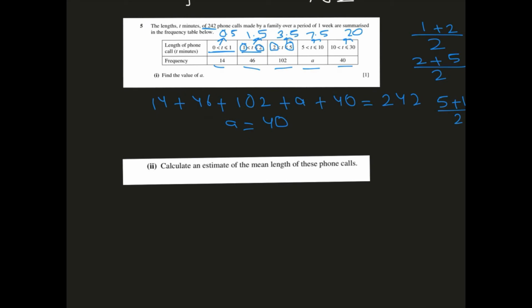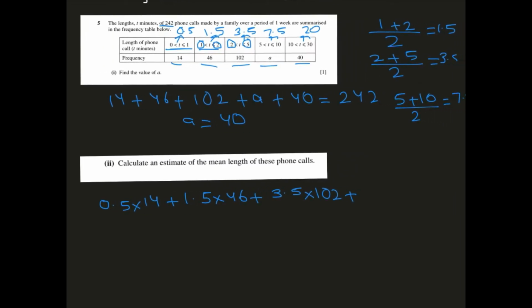So how to calculate the mean? You multiply the midpoints with the frequency and then divide by the total frequency. What I mean by that is we multiply 0.5 with 14, which is our frequency, and then add the next term. Our next midpoint is 1.5 with frequency 46, then 3.5 with frequency 102.